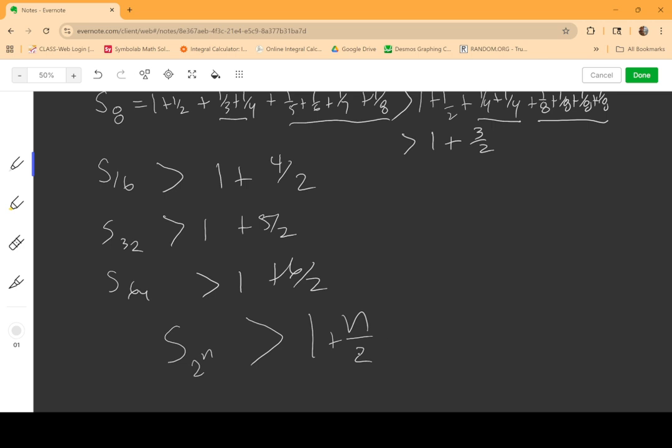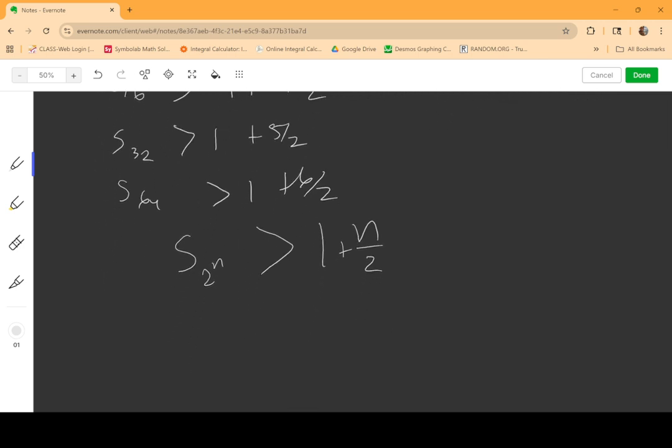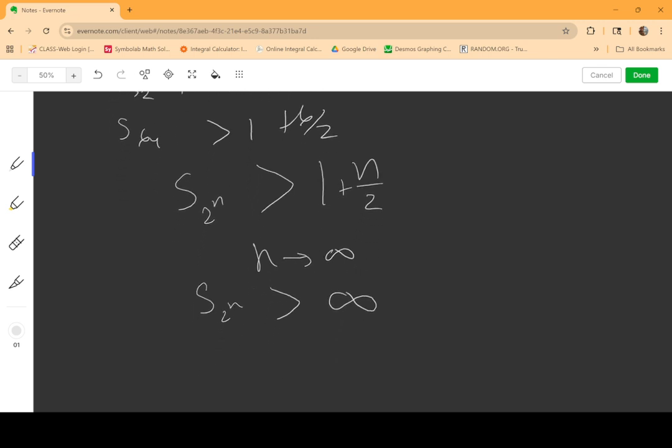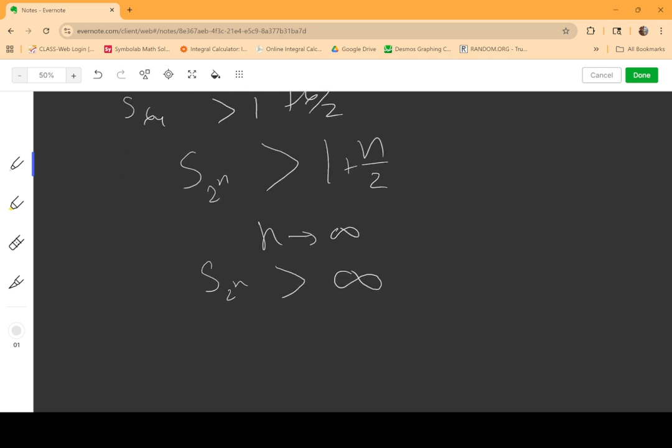So what I've established is that if I let n go to infinity, then S sub 2^n is going to be greater than infinity. What that tells me is that it is actually unbounded. If some value is bigger than infinity, it's telling me it's an even larger value. More importantly, the limit as n goes to infinity of S of 2 to the n is infinity.